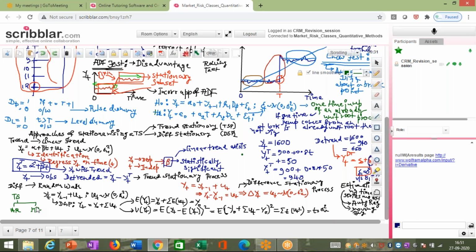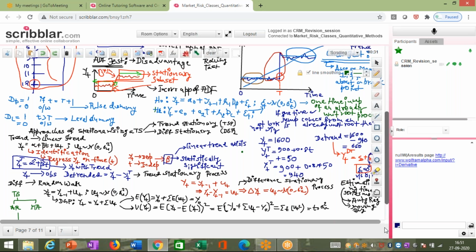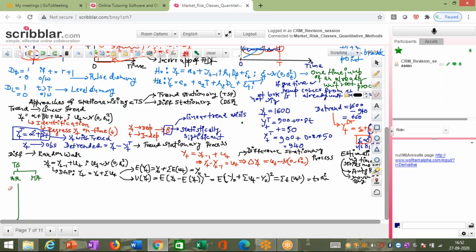So let us start off by talking about this autoregressive process. What is this autoregressive process? What does it look like, or how is it represented, and so on. Okay, fine.